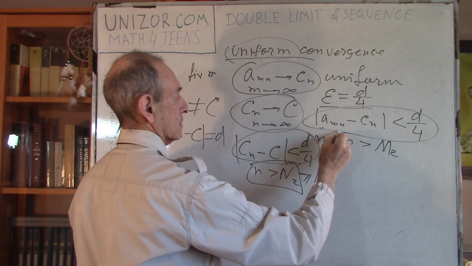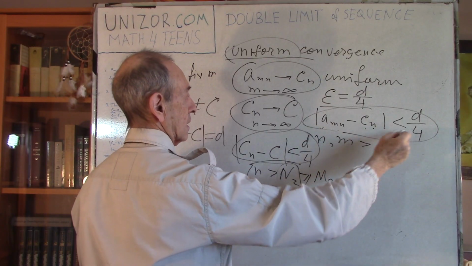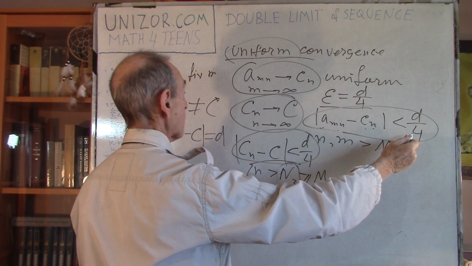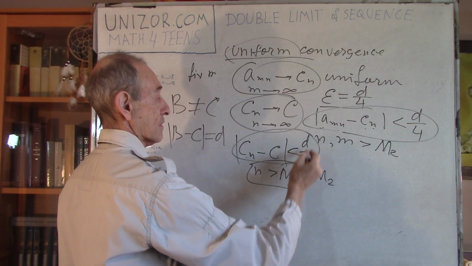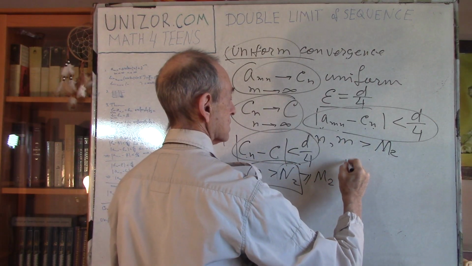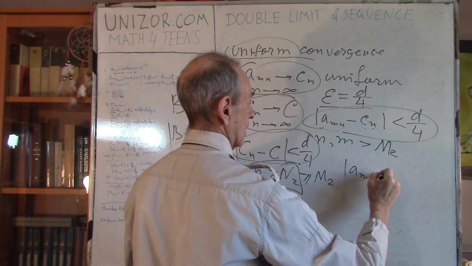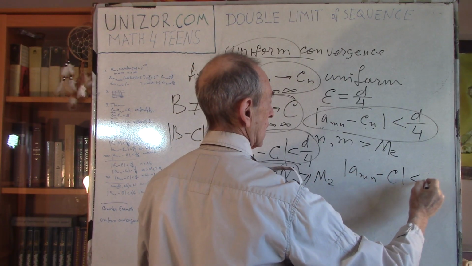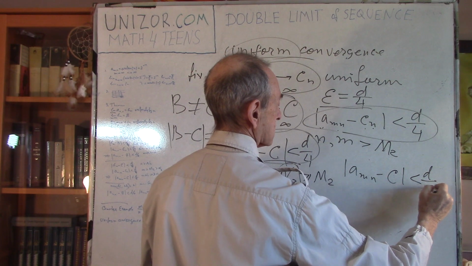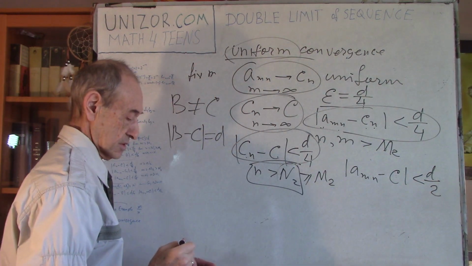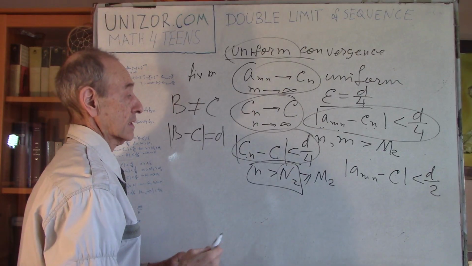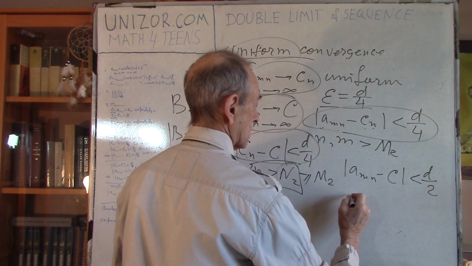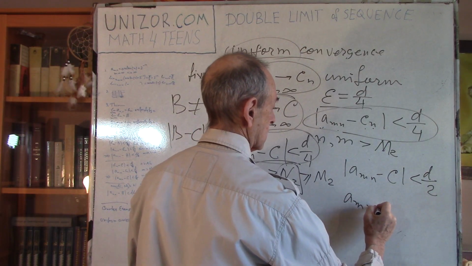So a_mn from c_n is no further than d over 4, c_n from c is no further than d over 4, which means that a_mn minus c is d over 4 plus d over 4, so it's d over 2. So what do we have right now? We have this and we have this.